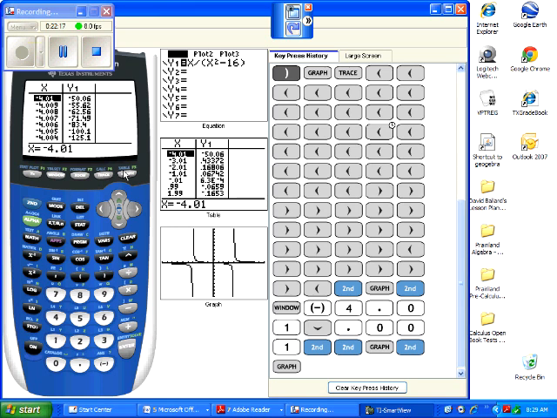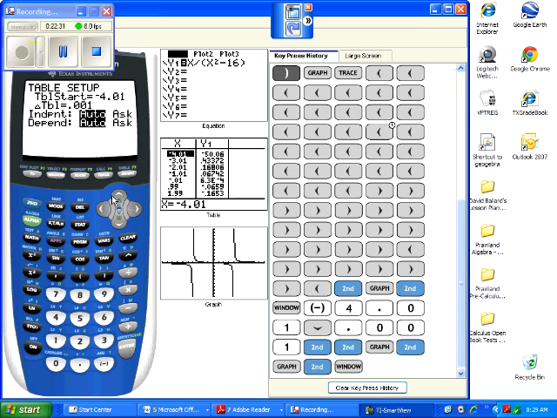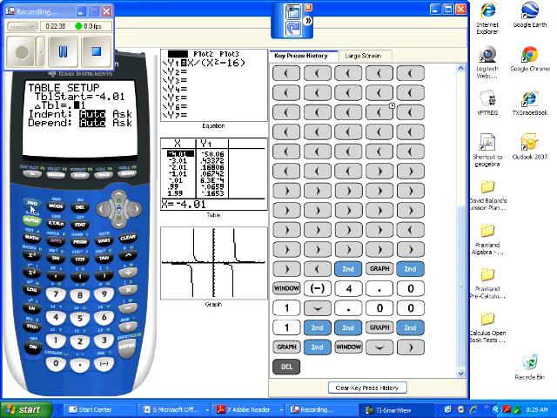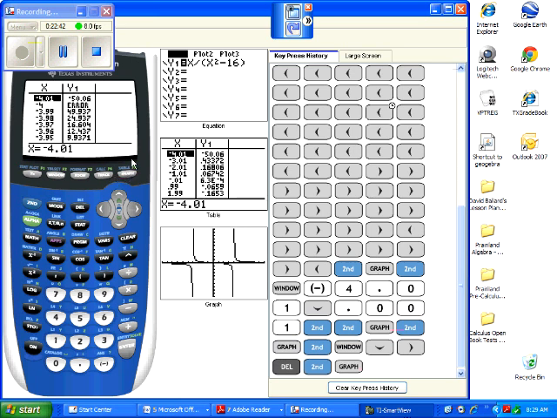I didn't go where I wanted to go. I need to increase by 0.01. That wasn't very smart. Second table set. Okay. Second table. Here we go. Let me go up a little bit.